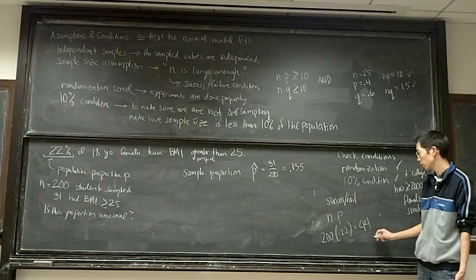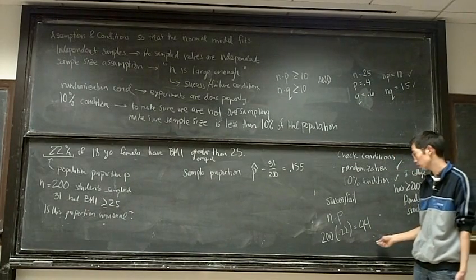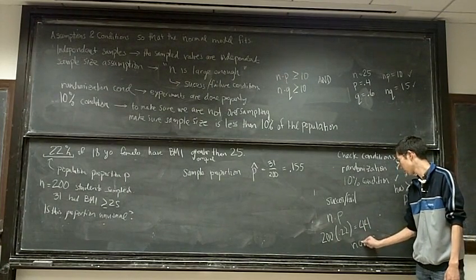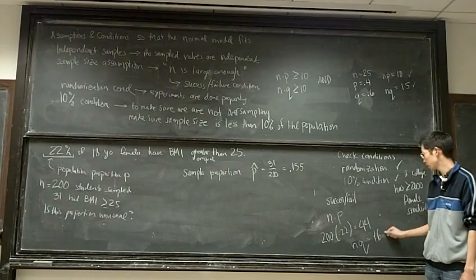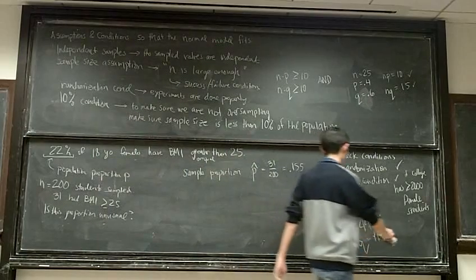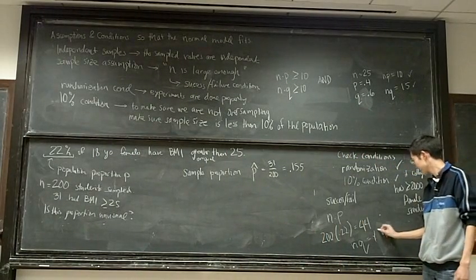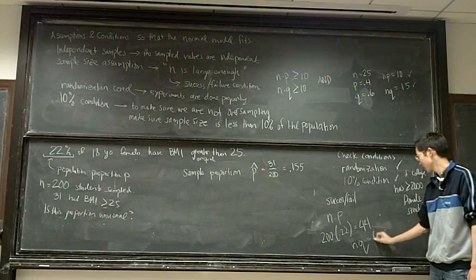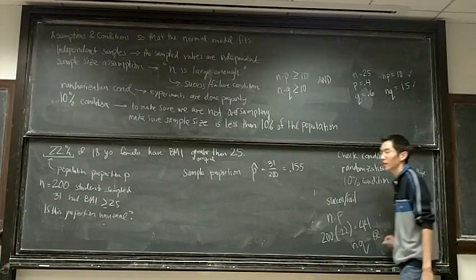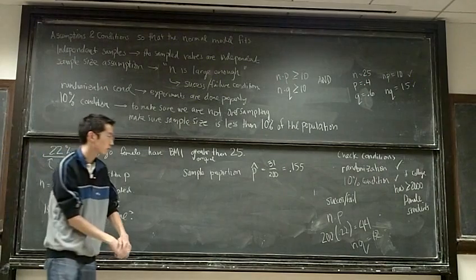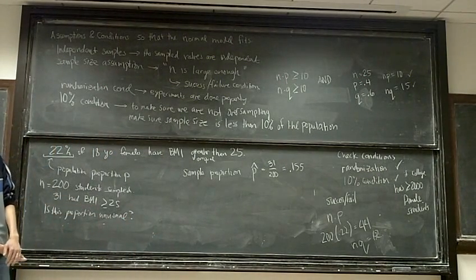It's going to be 200 times 0.78, which is even bigger, around 156. That's also bigger than 10, so we're okay.